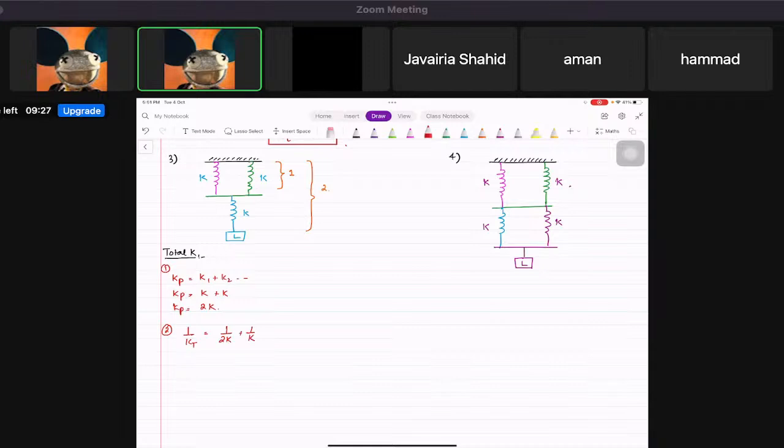And now you take the reciprocal. So this is going to be 1 and this is going to be 2. That makes 1 upon K total equal to 3 by 2K, so the K total here will be 2 upon 3K, and that's what you needed to find. Understood?